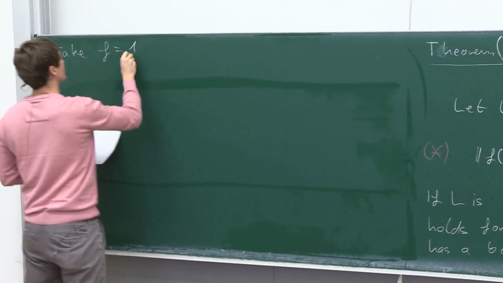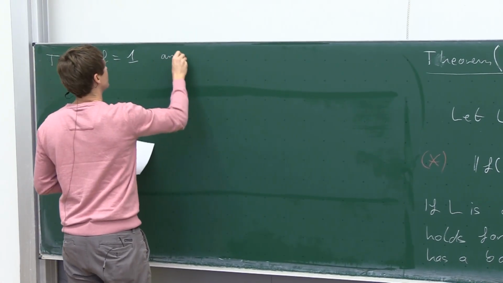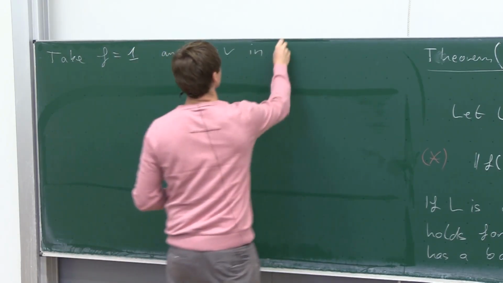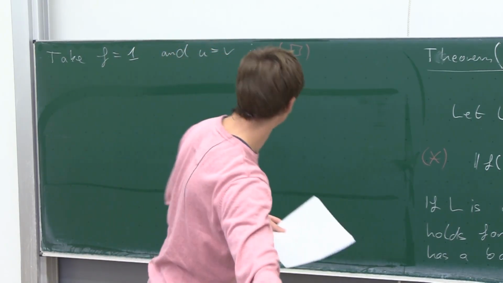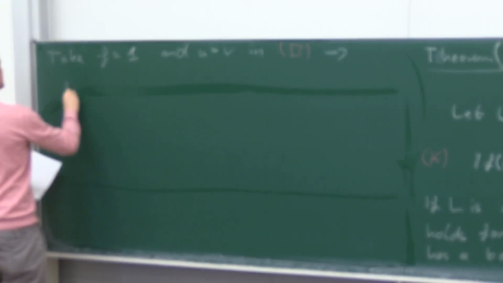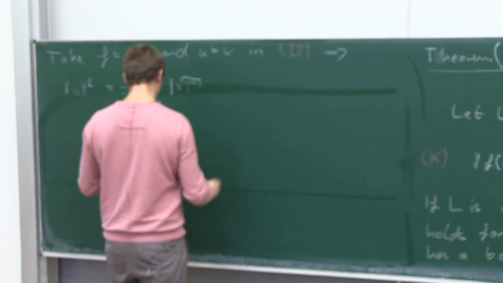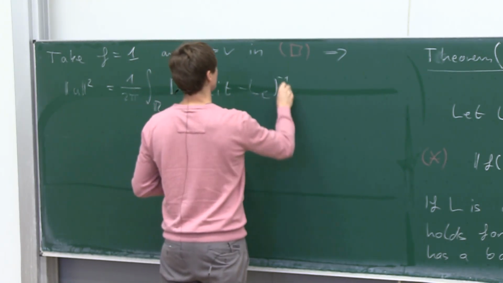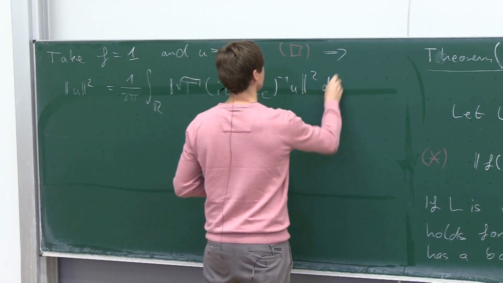So we take f just to be the one function, and u equals v in this identity square, and we see that the norm of u squared is given by 1 over 2 pi times the integral over R of the norm of the square root of t times the resolvent evaluated at it of L epsilon applied to u squared dt.